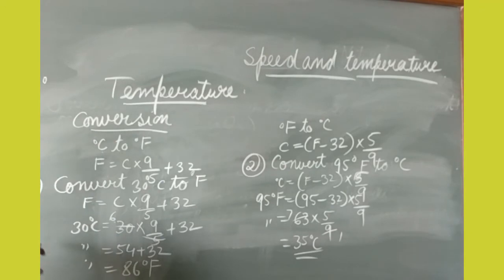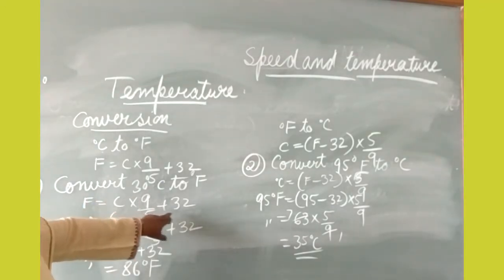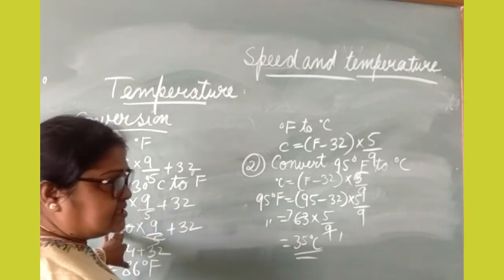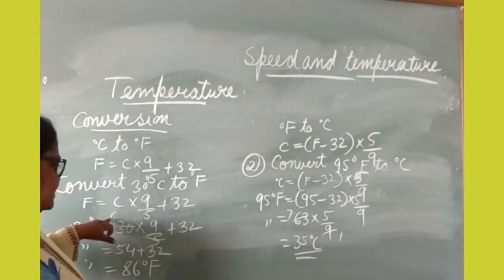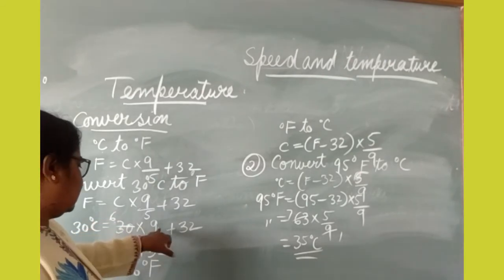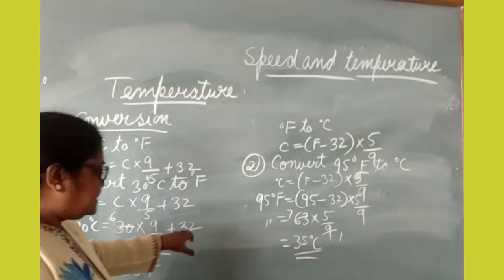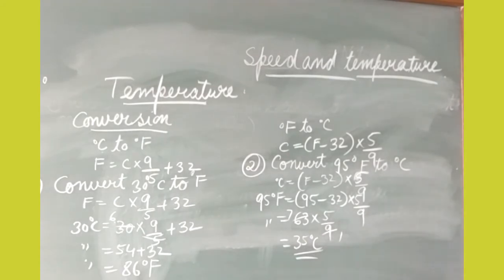So 30 degrees Celsius equals 30 into 9 by 5. You will cut this: 6 nines are 54. Plus this 32. Now you will add this. What do you get? 86 degrees Fahrenheit.